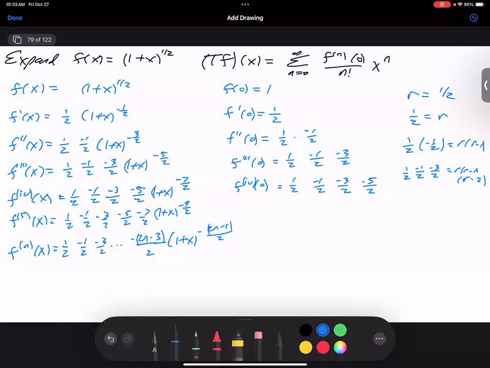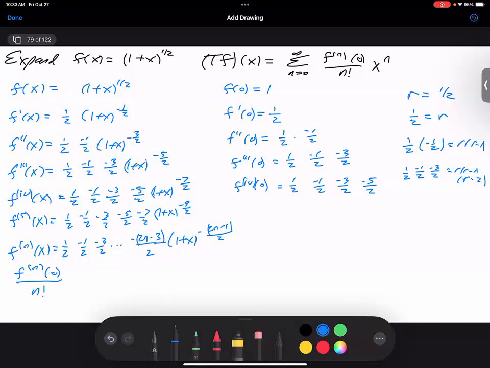The first one is just R, then it's R times R-1, R times R-1, R-2. That's looking a lot like Newton. But we have this extra stuff. We have this n factorial down below. So we want to play some games. We have f of n of 0 over n factorial.